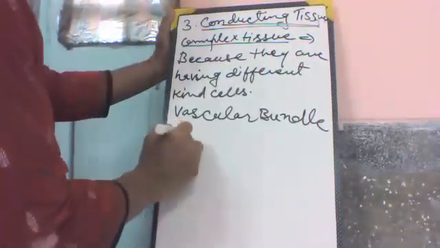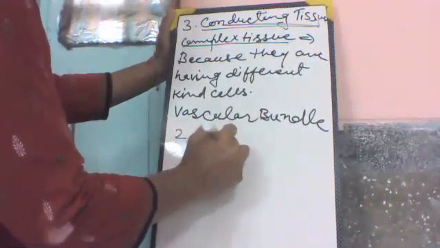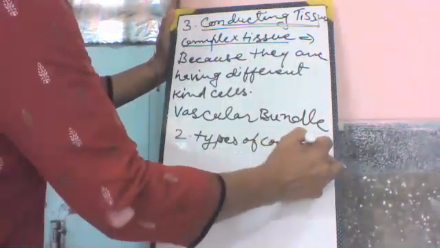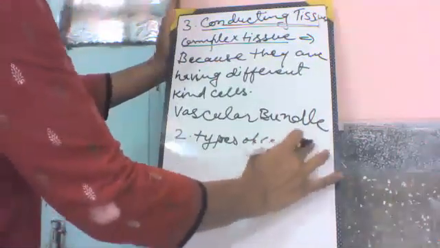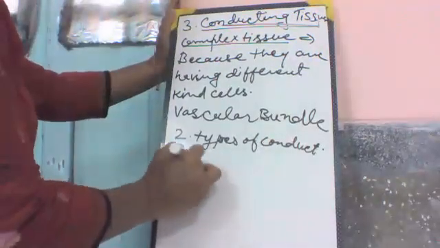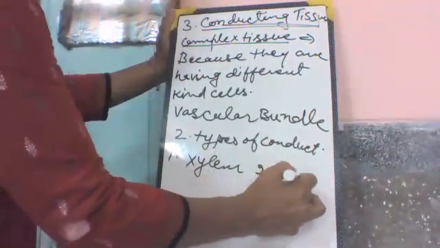There are two types of conductive tissue: one is xylem and the other is phloem.